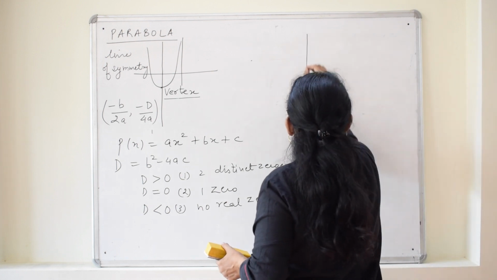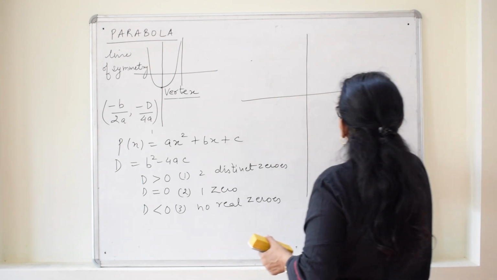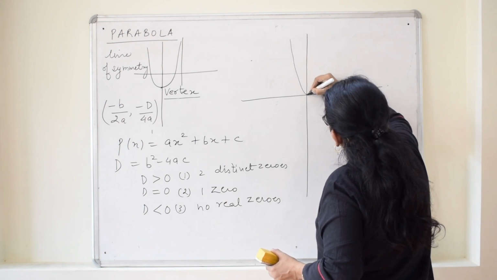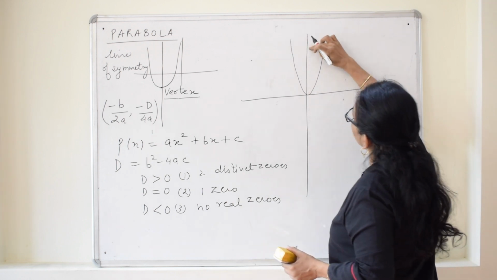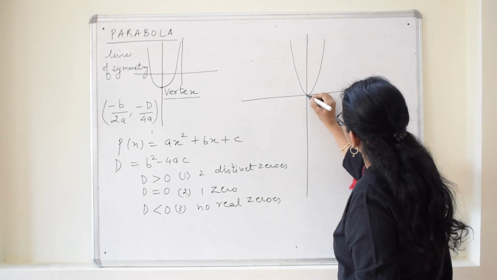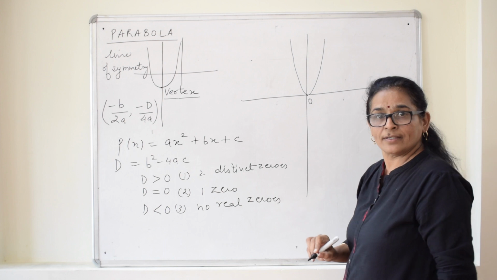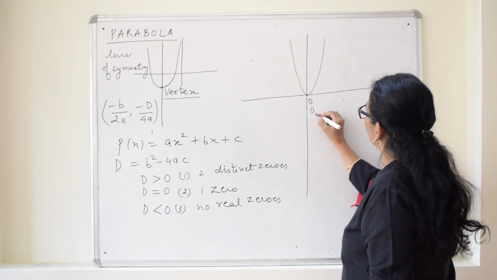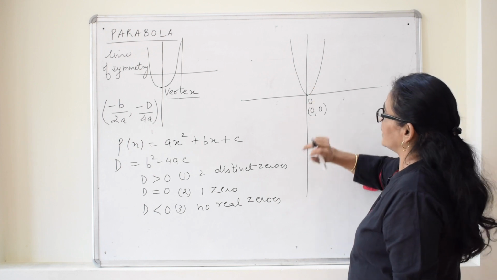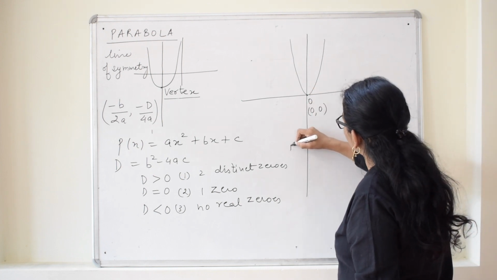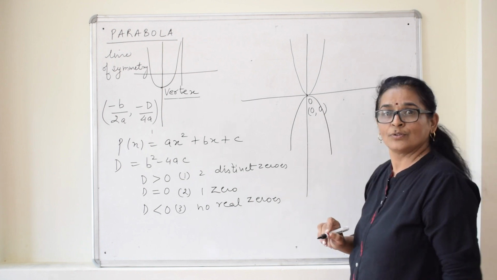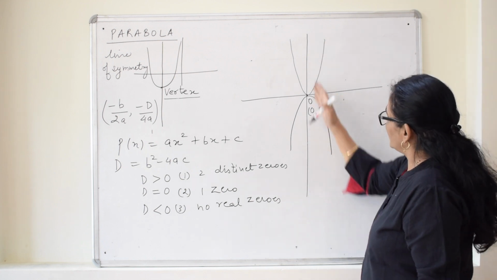Now, sometimes a parabola comes in this way when the y-axis becomes the line of symmetry. In that case, the vertex will be the origin and its coordinates will be 0, 0. This is one case. Second case, it can be like this also. So, special is what?